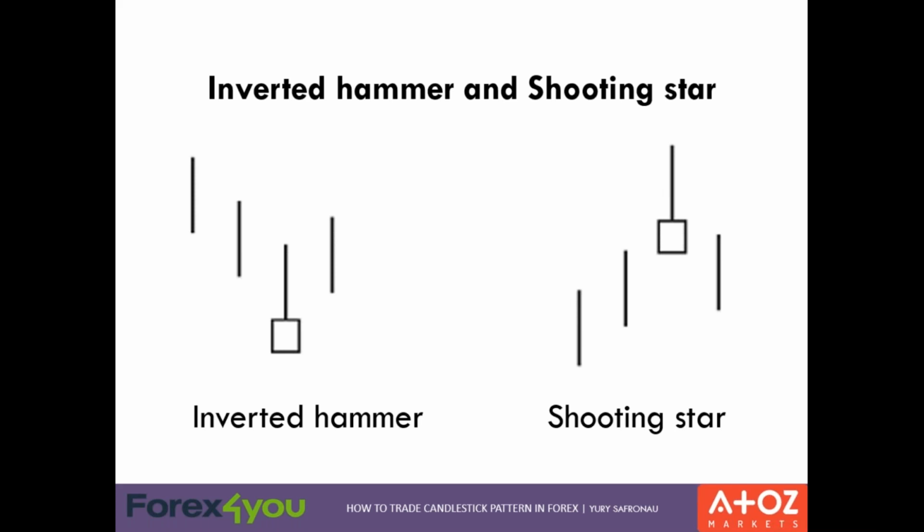The inverted hammer looks exactly like a shooting star but forms after a decline or a downtrend. Inverted hammers represent a potential trend reversal or support levels. After a decline, the long upper shadow indicates buying pressure during the session.